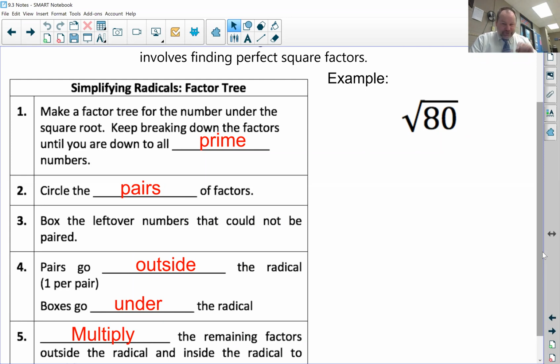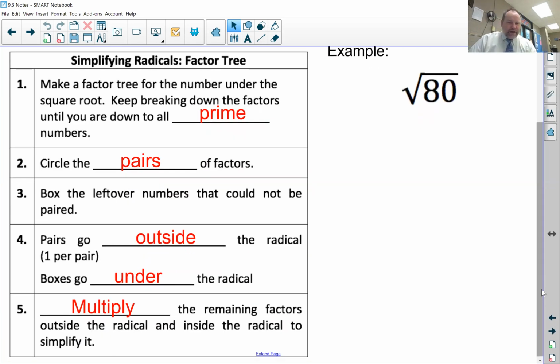So anytime you have two factors that are the same, we're going to circle it. Box the leftover numbers that could not be paired. Pairs go outside of the radical. That's the square root symbol, often called the radical. One number per pair. The numbers that are in the boxes go under the radical.